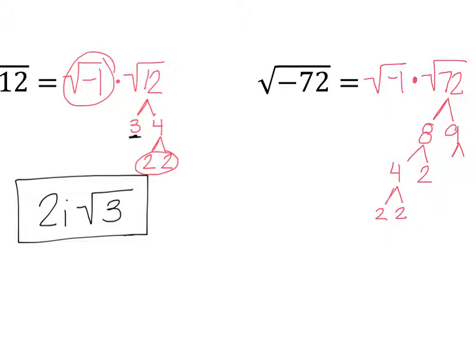And then 9 is 3 and 3. So let's see, I've got a set of 2's and a set of 3's, a 2 left over, and my i. So 3 times 2 is 6i square root of the leftover 2.